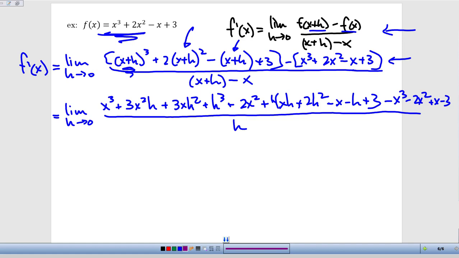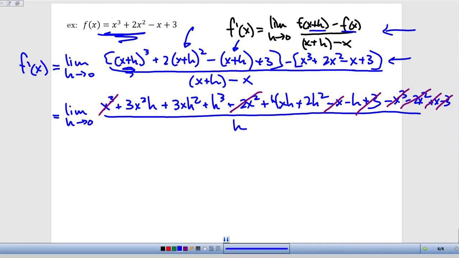So our gathering of like terms can get started, we just have to be careful that we don't lose track of anything when we're all done. But I've got an x cubed and a negative x cubed. I next see a positive 2x squared and a negative 2x squared. I can see I have a negative x and a positive x. And then finally I have a plus 3 and a minus 3.